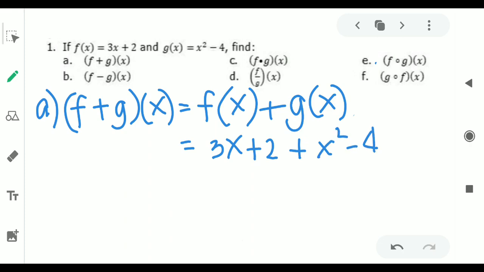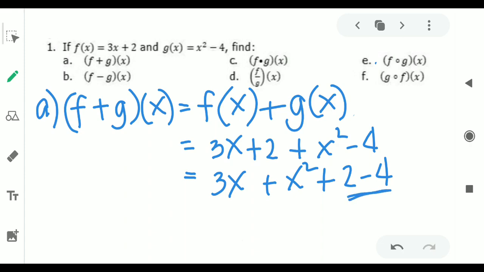So we rearrange, or we combine similar terms. So 3x plus x squared plus 2 minus 4. Okay, so we can only combine positive 2 and negative 4, or that's 2 minus 4, that is negative 2.